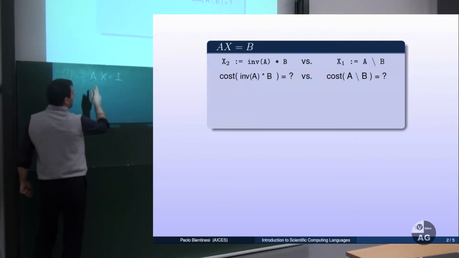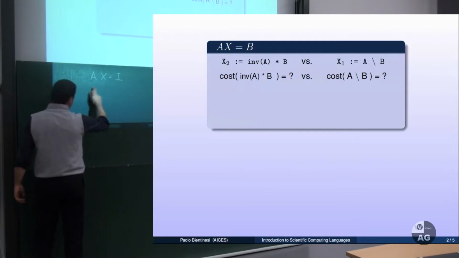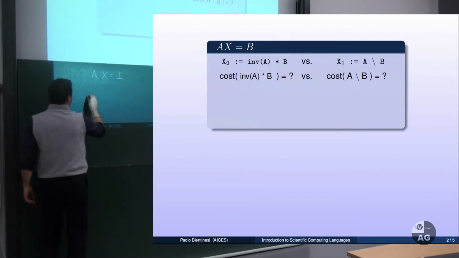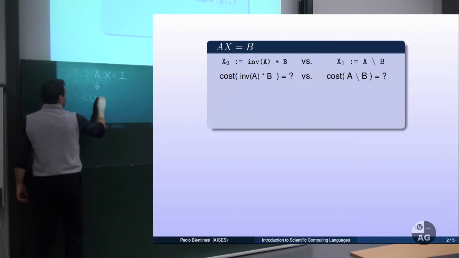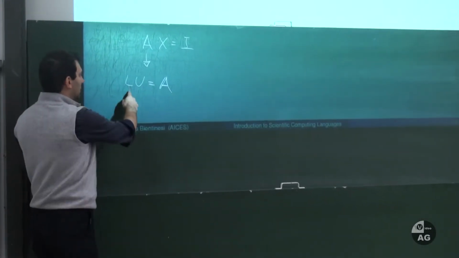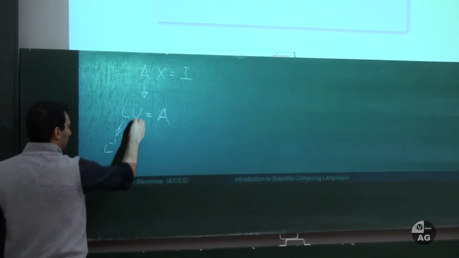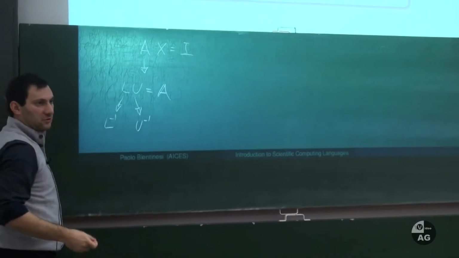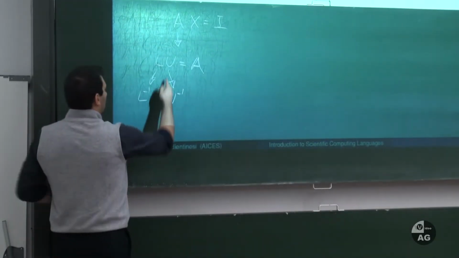So what happens in practice to invert a matrix A, instead of solving this linear system, well, actually, it's the same thing. But what happens in practice is that A is factored into two triangular matrices, L and U. Each one is inverted. These are triangular matrices, so you can invert them. There are algorithms for them.